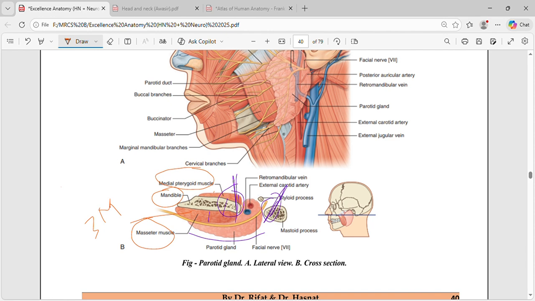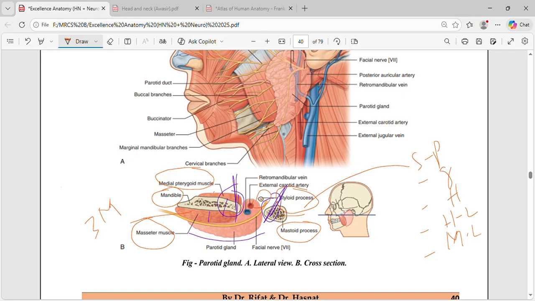What are the posterior medial relations? There we have the mastoid process, this one, and the styloid process, this one, and all the structures attached to the styloid. We have the stylopharyngeus, the styloglossus muscle, and the stylohyoid muscle, and the stylohyoid ligament, and the stylomandibular ligament.